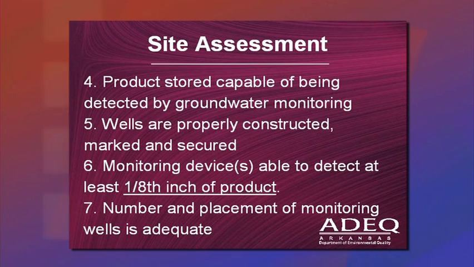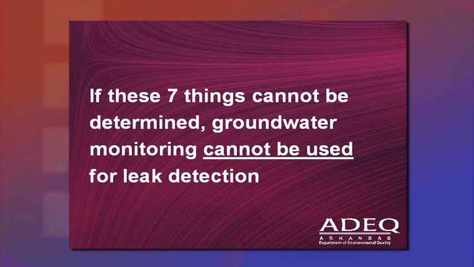And number 7, the number and the placement of the monitoring wells has to be adequate, and that's going to be done by the contractor that does this site assessment for you, which you've got to keep. And if you can't do these 7 things, then you can't use groundwater monitoring for a monthly release detection method.